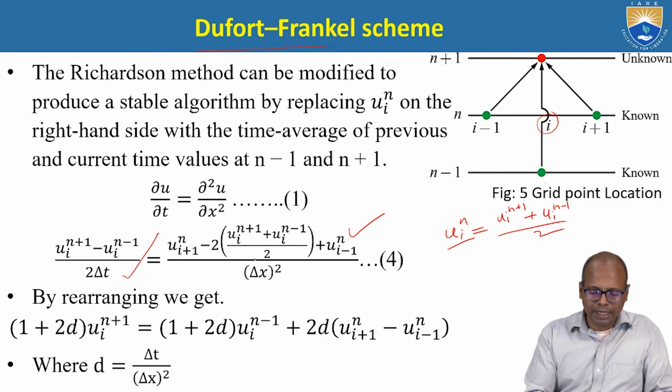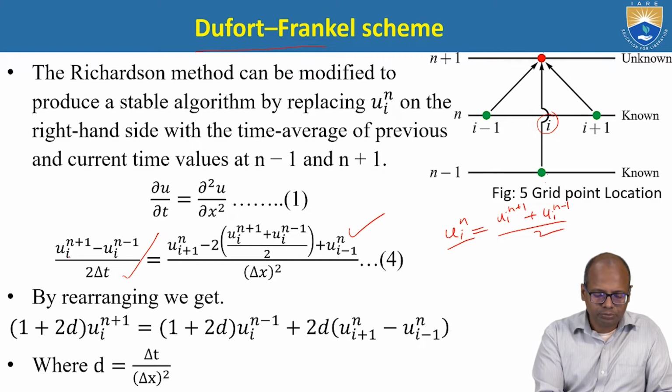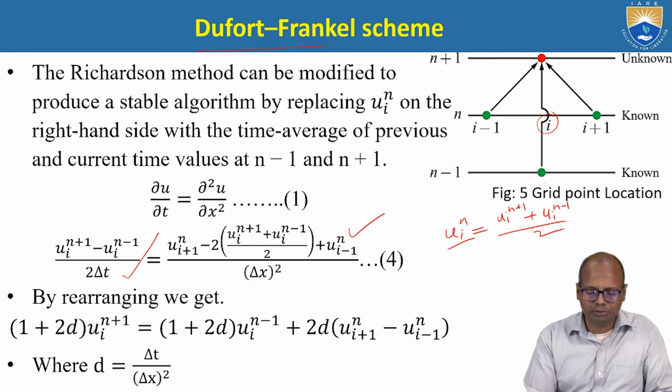Now if I rearrange this, what will happen? I will get u_i^(n+1) here, and here also u_i^(n+1) is there.